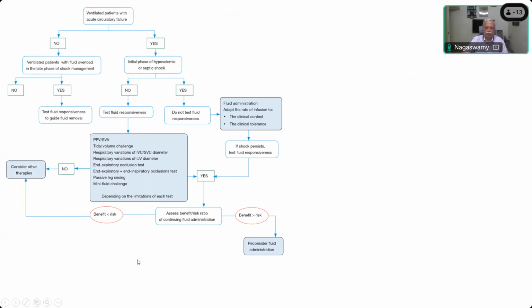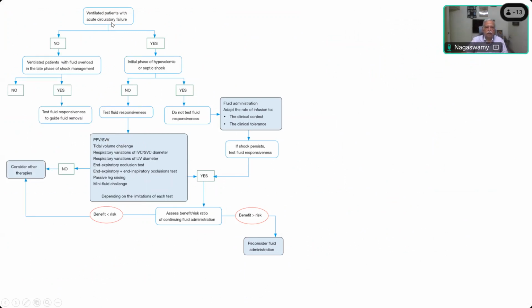The purpose of this testing is to see whether the patient will benefit by giving additional fluid or not. So instead of overloading and causing pulmonary edema or underloading and causing underperfusion, we want to optimize the fluid given to the patient to achieve the ideal stroke volume and ultimately tissue oxygenation.